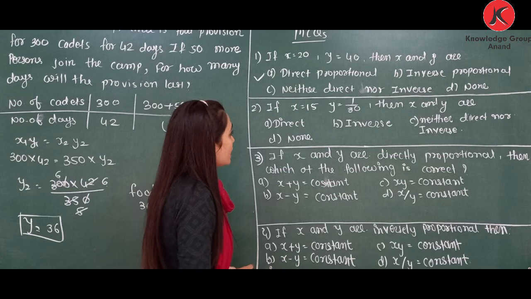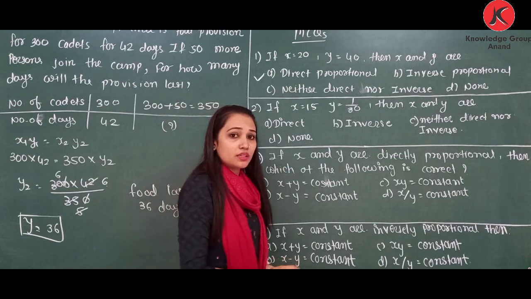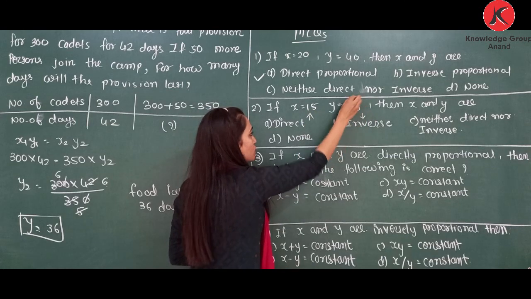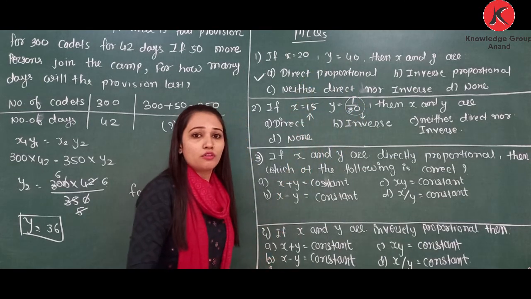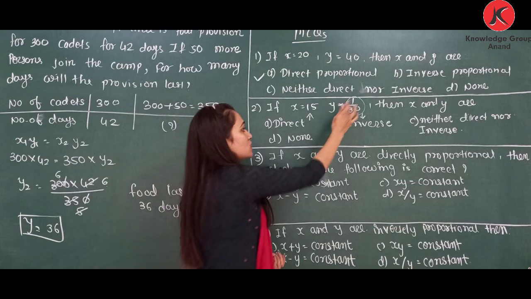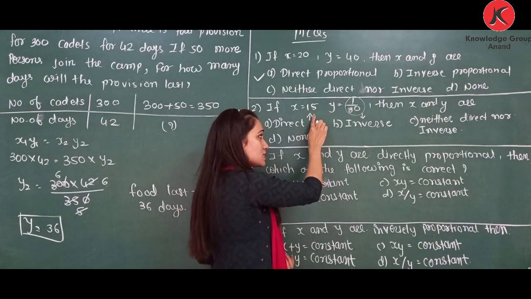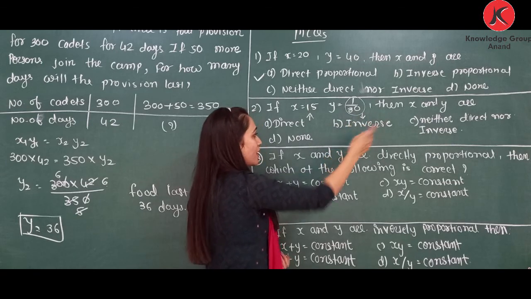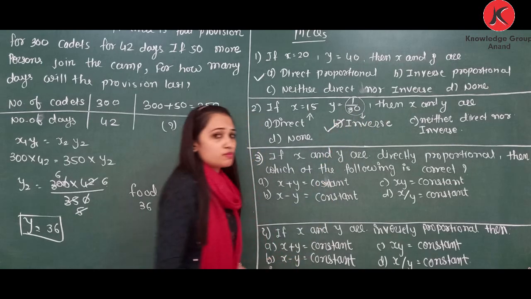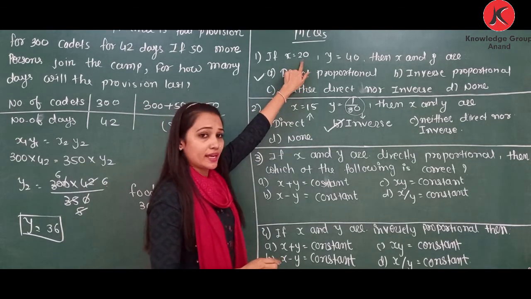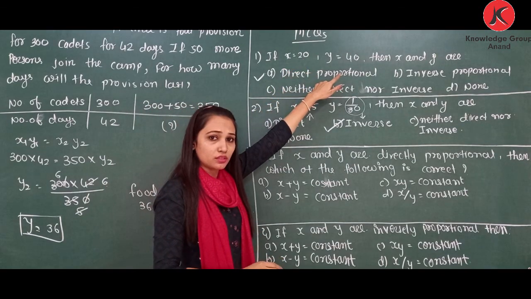Now, if x is 15, y is 1 by 30. If we increase the value of x, then y will be a fraction. So 1 by 30 means it is inverse. So when x is increasing, y will be decreasing. So x and y are in inverse proportion. Here if we take the value of x as 10, then y will be 1 by 20.